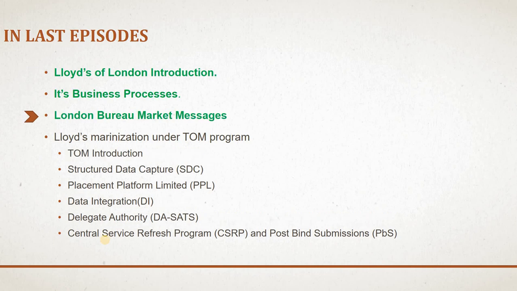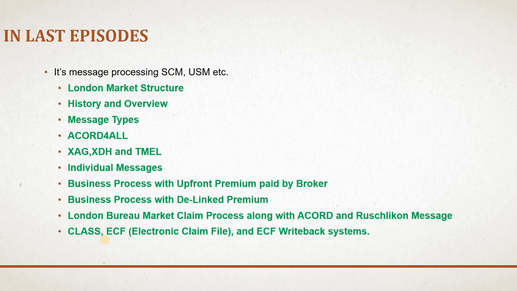Then we discussed the London Bureau Market messages, covering quite a lot: London market structure, history and overview, message types, ACORD, infrastructure related stuff, XAG, XDH, TMEL, individual messages, and then the business processes with upfront premium, business processes with dealing premium, and the London Bureau Market claim processes along with ACORD and Rushley messages.